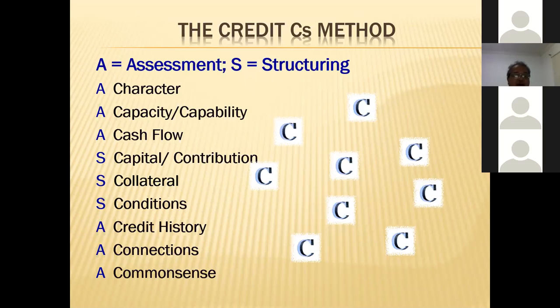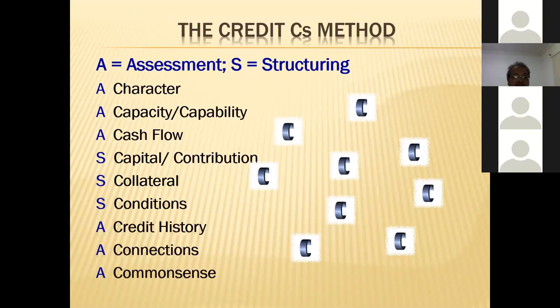Okay. Now what I want you to do is on the screen, you'll see in front of each one of those, I have a letter. So the first three, they're A. The second three is S. And the last three are A. So what that means is character is an assessment. Capacity, capability is assessment. Cash flow is assessment.